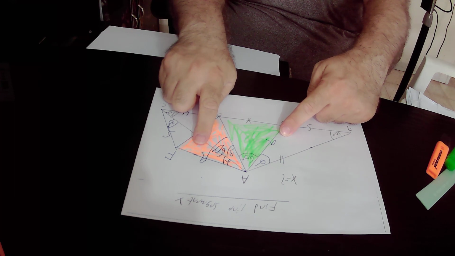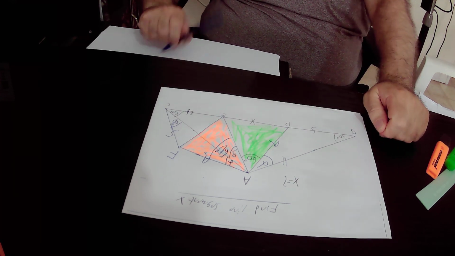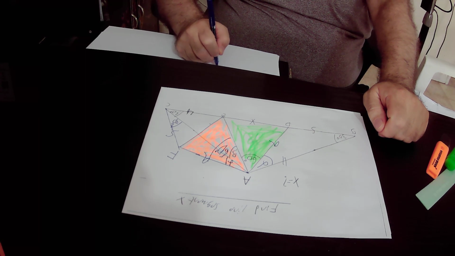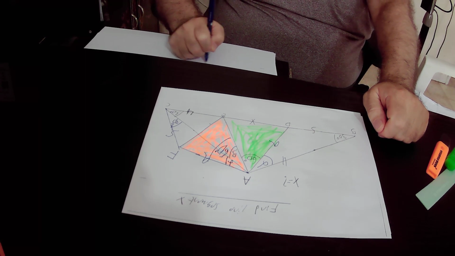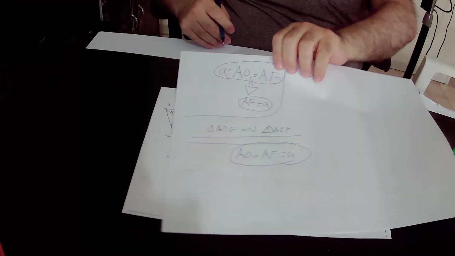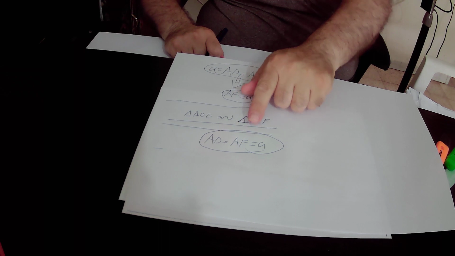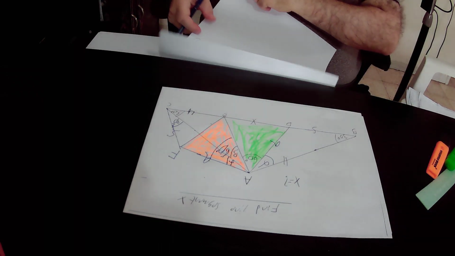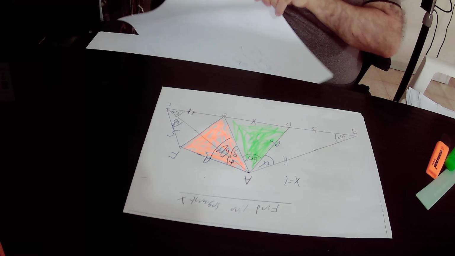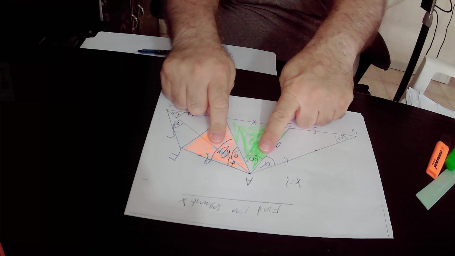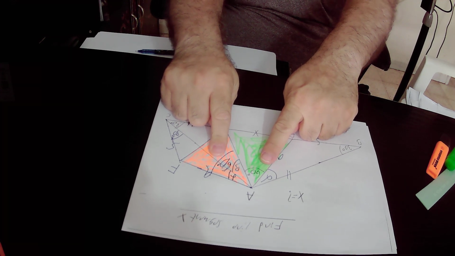Side AD equals side AF equals A. In addition, those two angles are both equal to 60 degrees, therefore they are equal to each other.